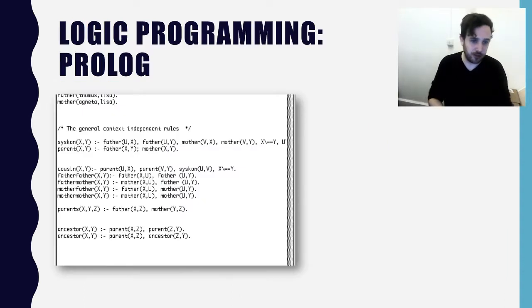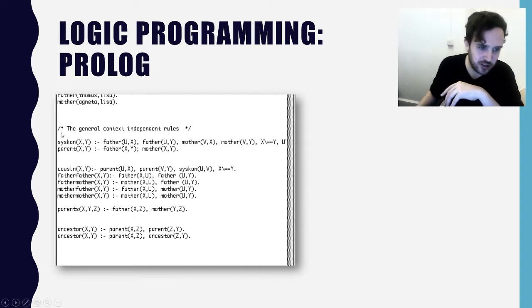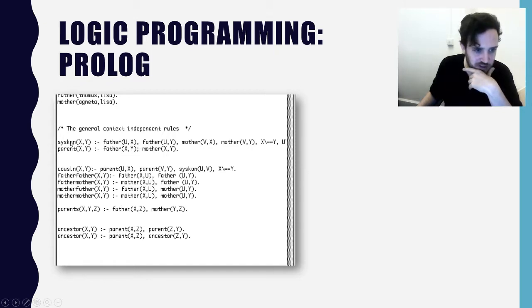So logic programming specifies facts and rules. If you look at this example, they've basically stated the ways that you could be a parent of somebody, or I don't know what syscon means, but this is a kind of genealogy database, and it's coming up with all these rules about whether you're someone's cousin or whether you're their father's father or their father's mother's.